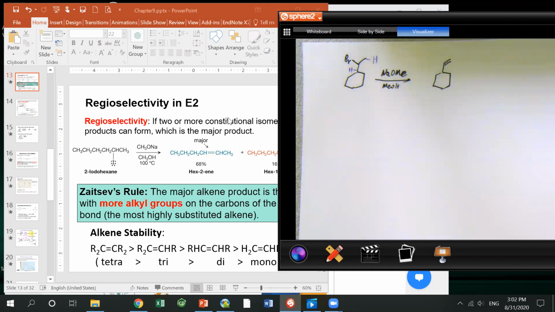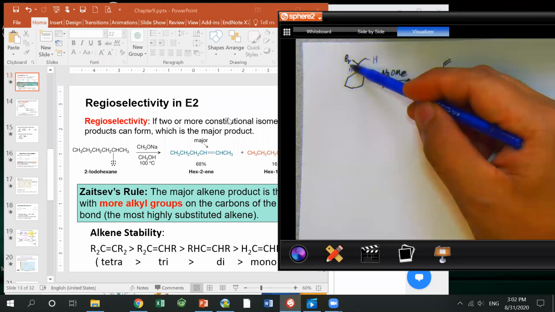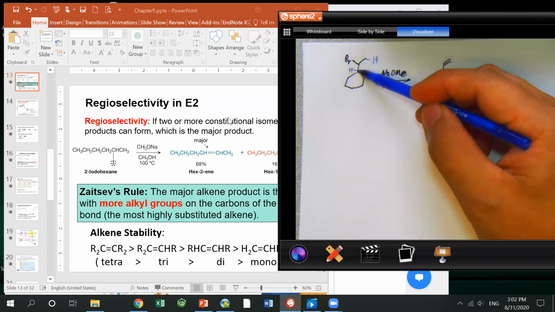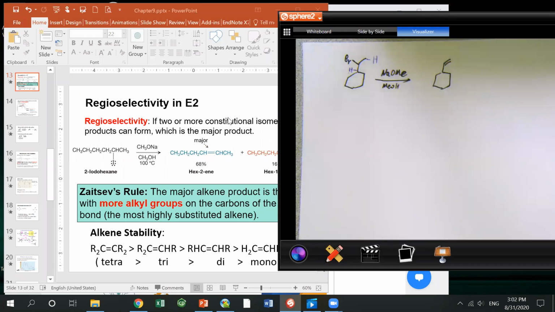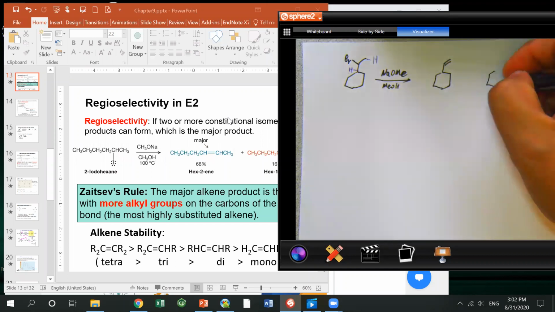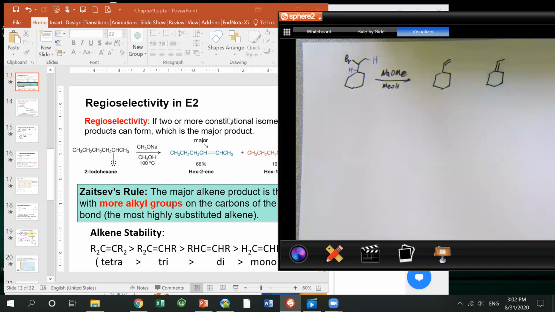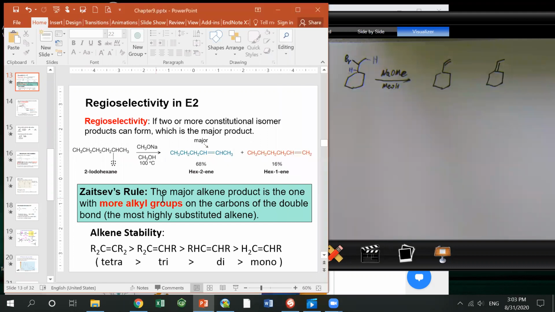Or you eliminate the bromide and the other hydrogen, between the alpha carbon and this beta carbon, and then you generate another product. So that's the important point about the regioselectivity of E2 reaction. Normally you want to get the more substituted alkene as the product, because that's more stable.